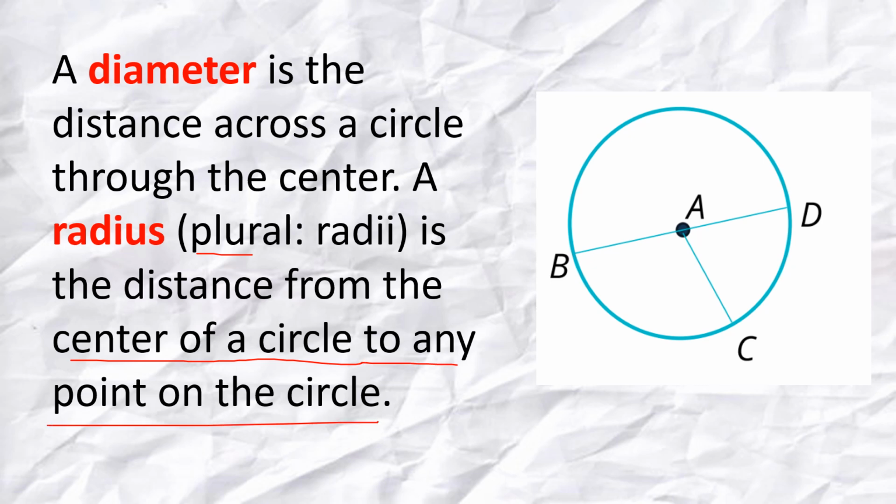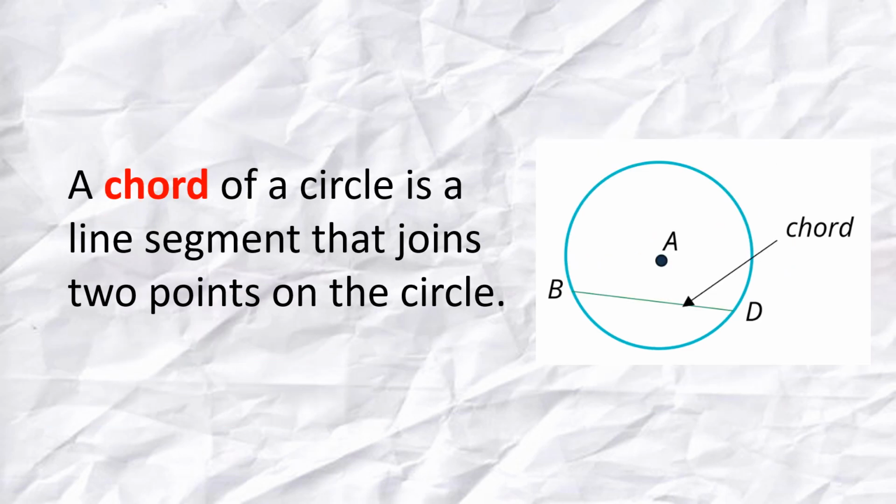In this diagram, line segment BD is a diameter, whereas line segment AB and line segment AD are radii of the given circle. The radii of the circle are of the same length. Therefore, the radius is half the length of the diameter.